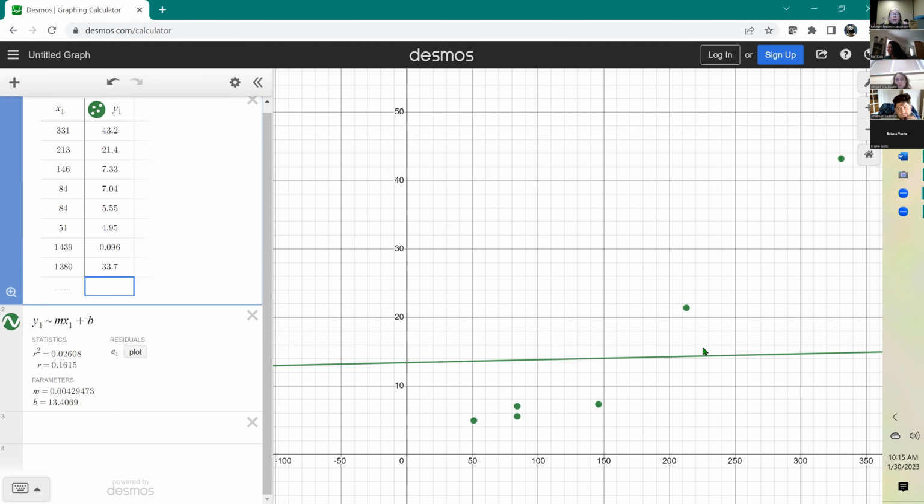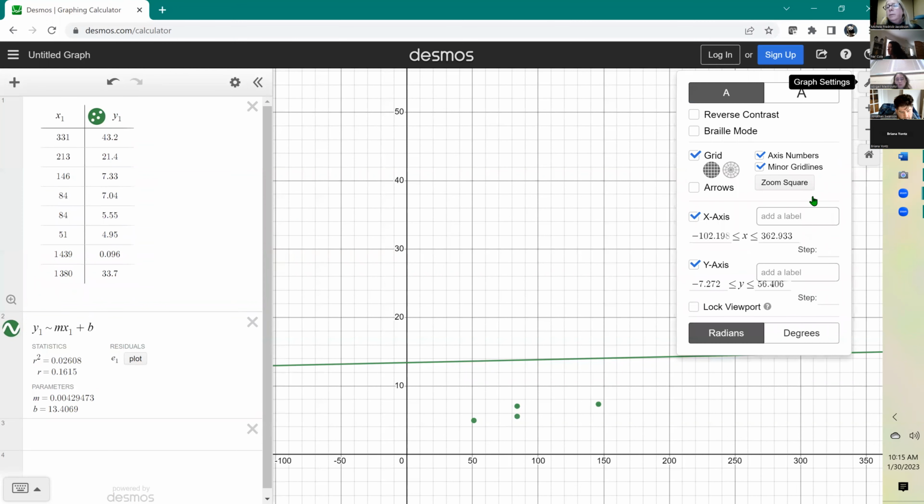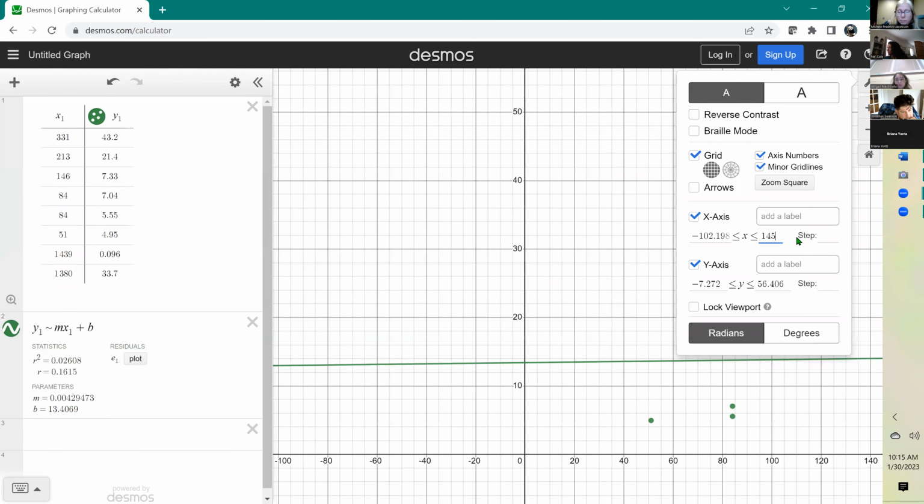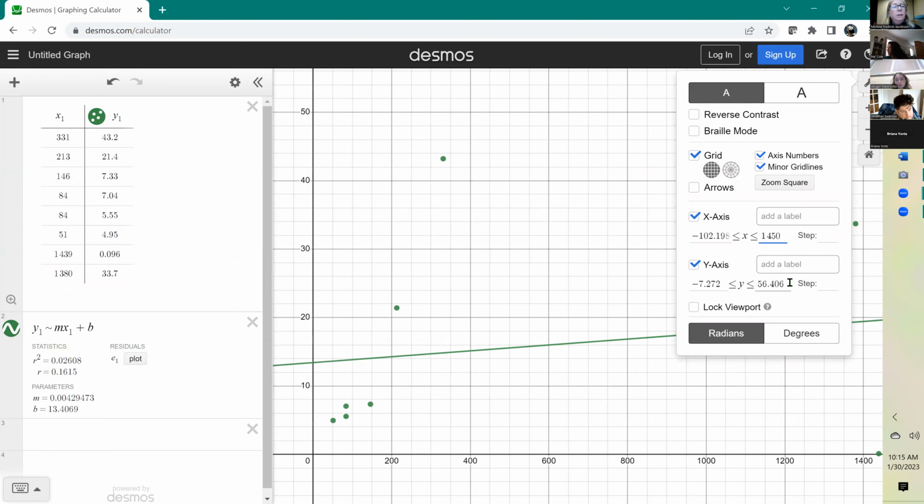So sometimes when that happens and you have ones that are outliers, let me change my unit so you can see it, because if you look at the window, we were only going up to 300 and some. So 14, I'm going to go 1450. And X should still be fine.